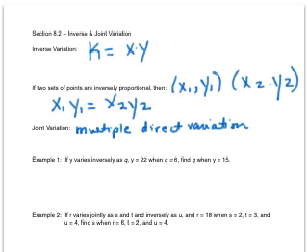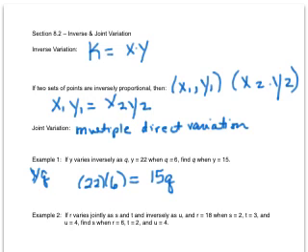So for our first example, if y varies inversely as q, so my setup, y times q. So it's an inverse, so we're going to multiply. So that means 22 times 6 equals 15 times q.